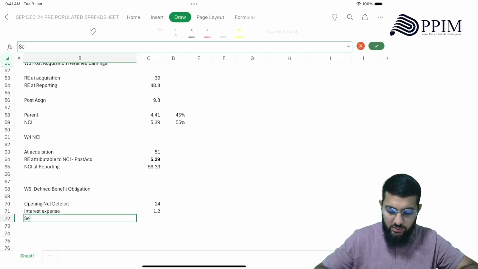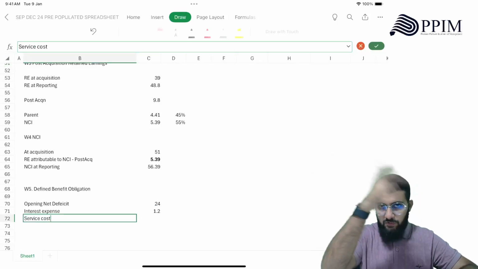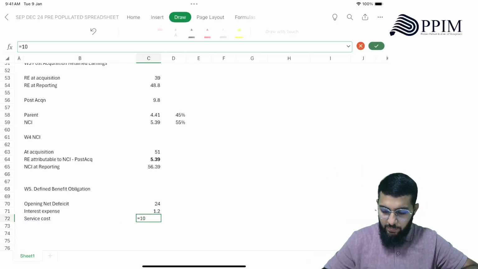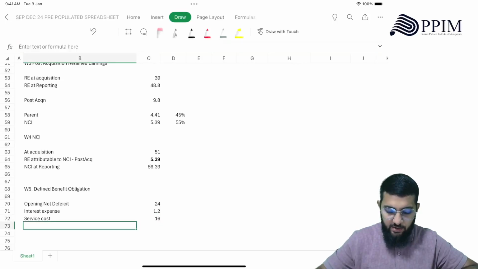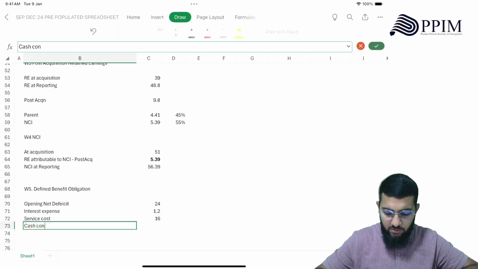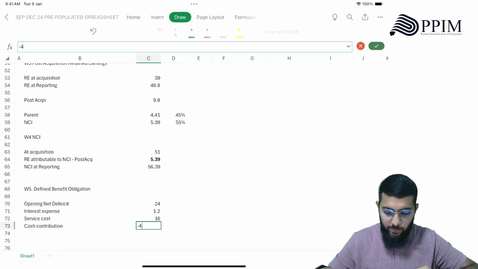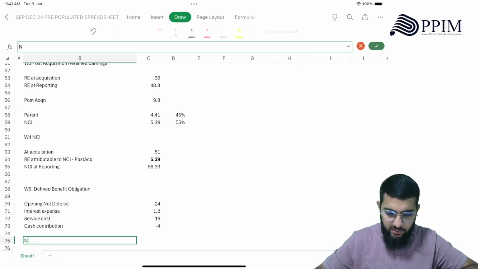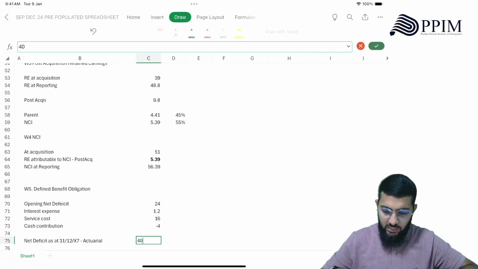Then the service cost, just bringing what we wrote in the table here, was 10 plus 6, which is 16. Then cash contribution was minus 4. Net deficit as at 31st December X7 from the actuarial calculation was 40.